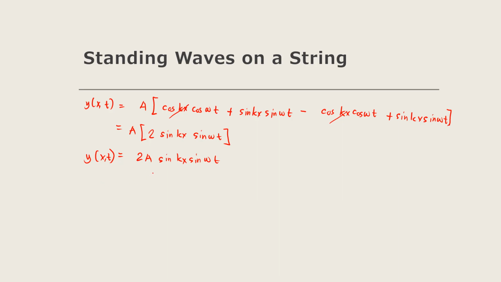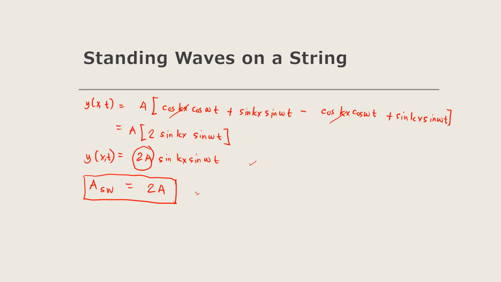Now we call this 2A the amplitude of the standing wave, which is equal to 2 times the amplitude of the individual waves. Take note that this is the wave function of the standing wave that is produced by the interference of two cosine waves.